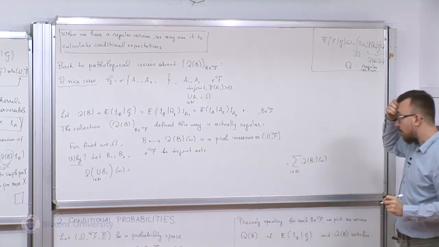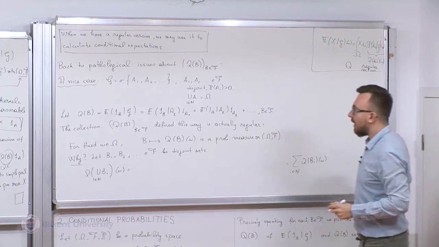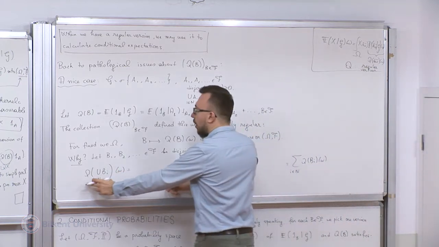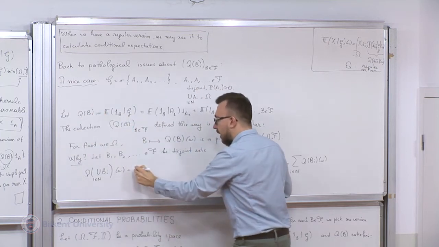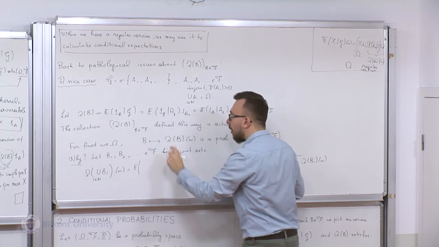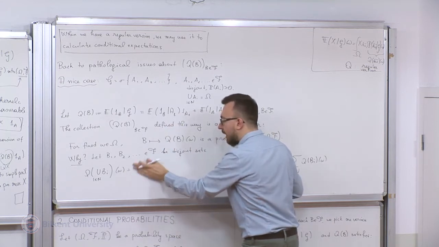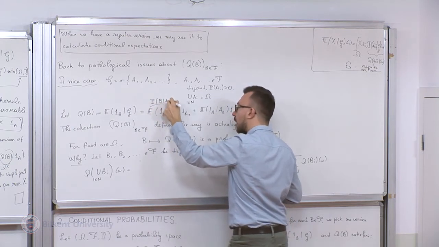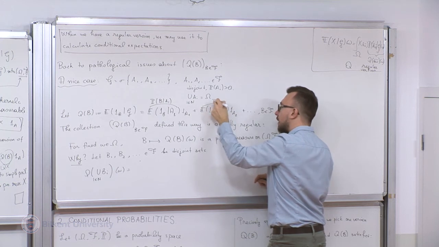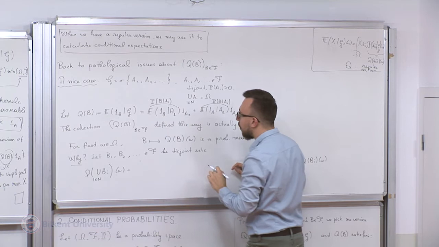This is what we want to show, countable additivity. So let's apply the definition. How do we define Q of B? Well, I can simply write those as conditional probabilities, right? Given events. Let me use the probability notation.